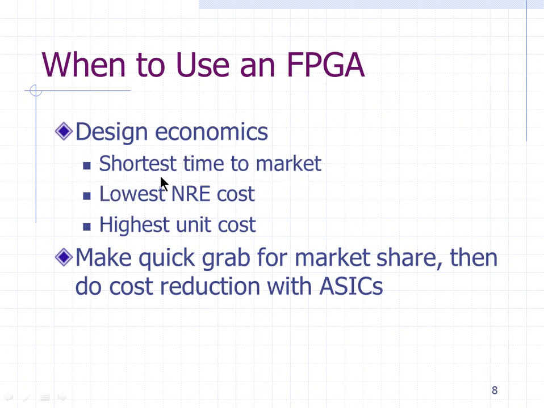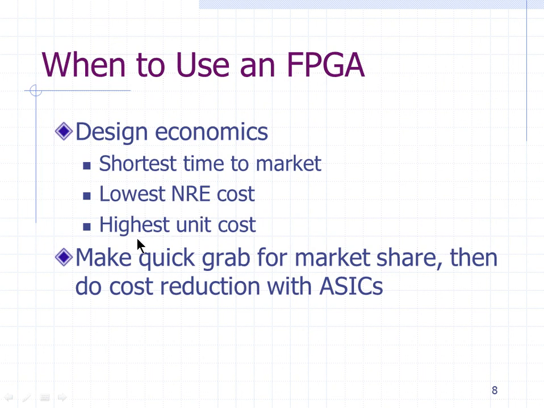Since the design cycle is smaller, the NRE cost is on the lower side. NRE stands for non-recurring engineering. It means it's a one-time engineering cost. To design something, a team of engineers and other people are required, so it's a one-time cost required to design a particular product.